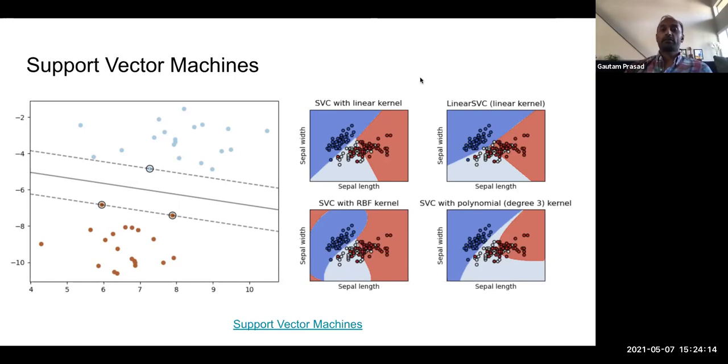If you use a linear kernel, you'll get linear boundaries between classes. But if you use more complicated kernels, you can model more complicated types of phenomena and classify more complicated things.